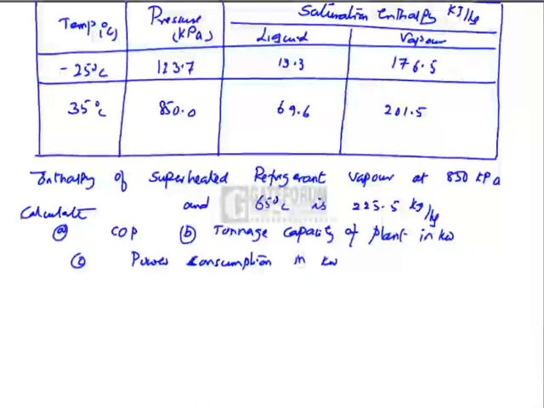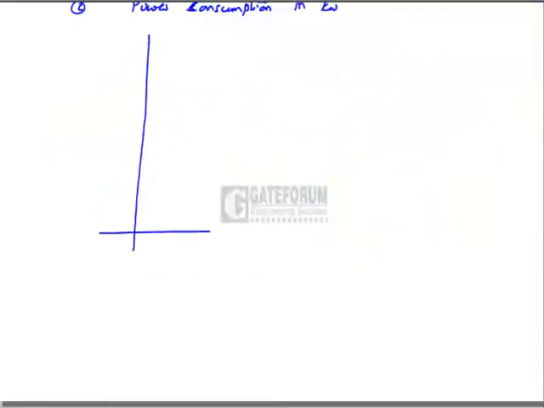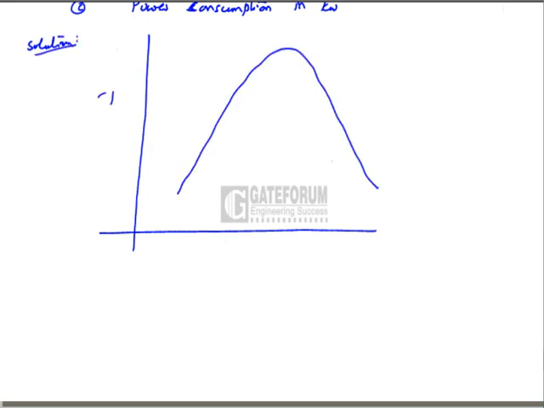Now let's draw the cycle based on the given data. The refrigerant is R12 or Freon 12 or CCl2F2, dichloro-difluoromethane. The solution can be given on a temperature entropy diagram.